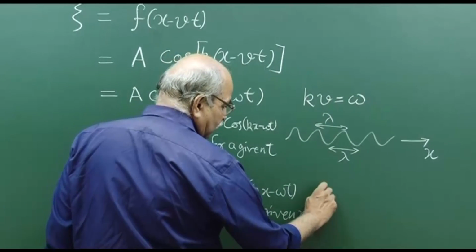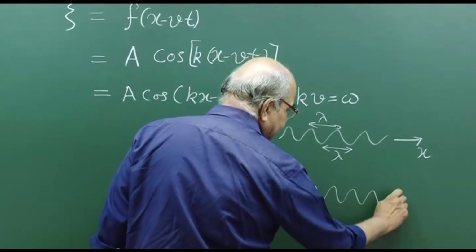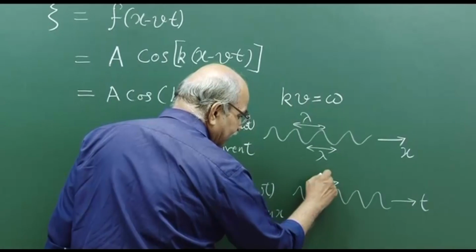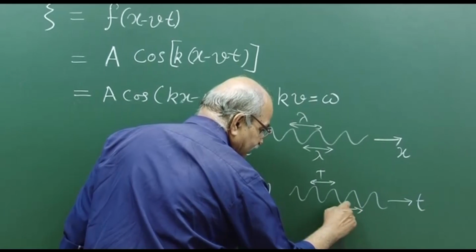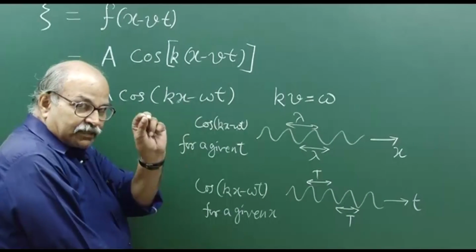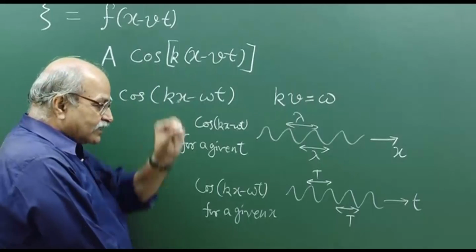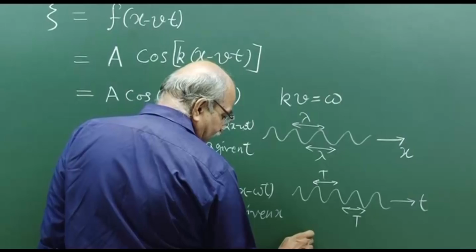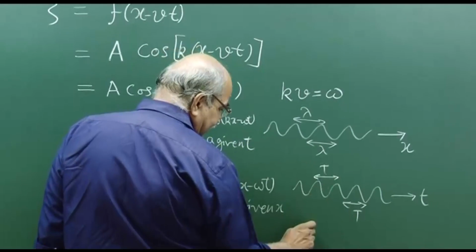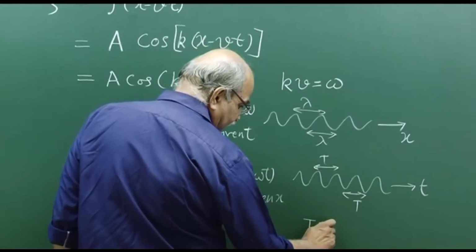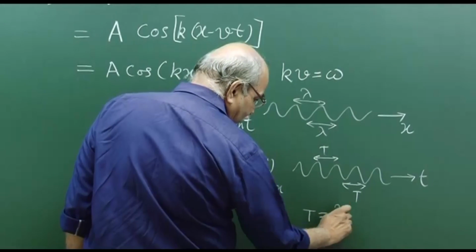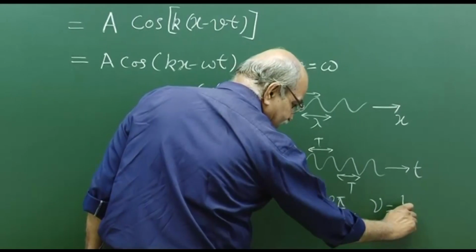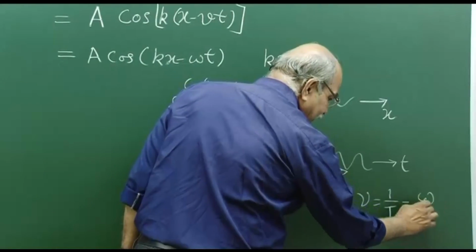But this time it is time here, and this is the time period, capital T. So x is fixed, a particular portion, it oscillates, and how much time does it take in one oscillation? That is T, and this T and this omega are related. T is 2 pi over omega, and your frequency, which is 1 by time period, is omega by 2 pi.